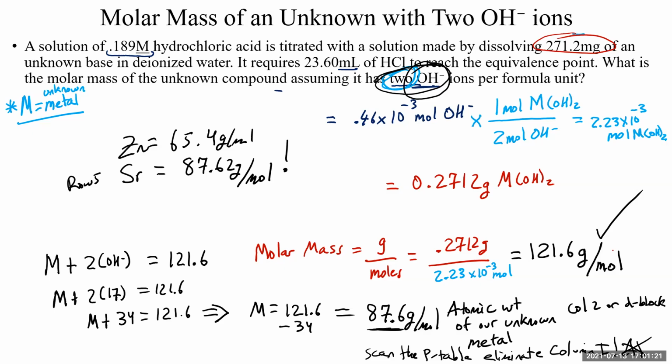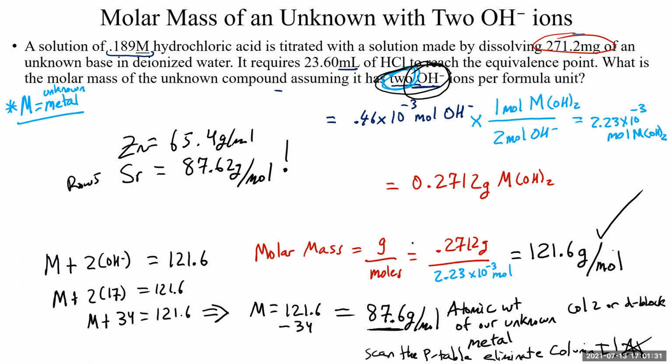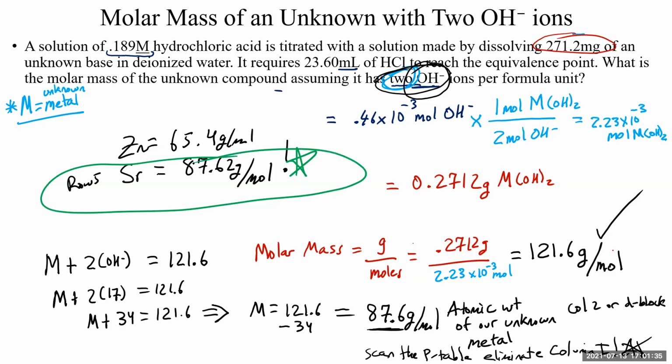It's not going to be yttrium, that's even higher. So our compound then is strontium hydroxide. Look at that. Again, using the molar mass and just looking at the periodic table for numbers that match, our compound is strontium hydroxide. That is the identity of our unknown compound.